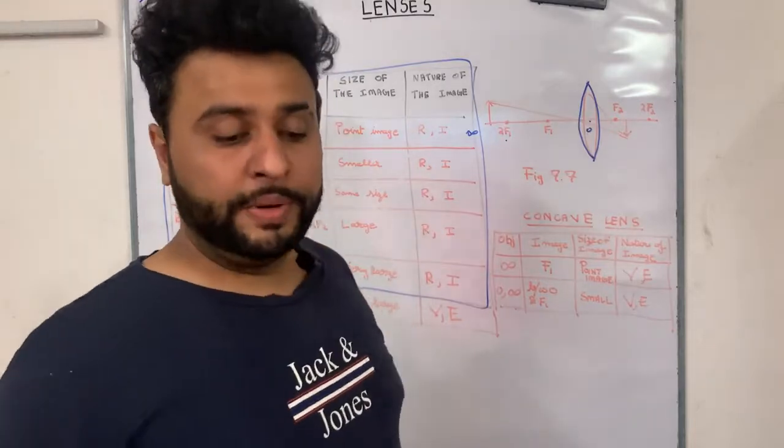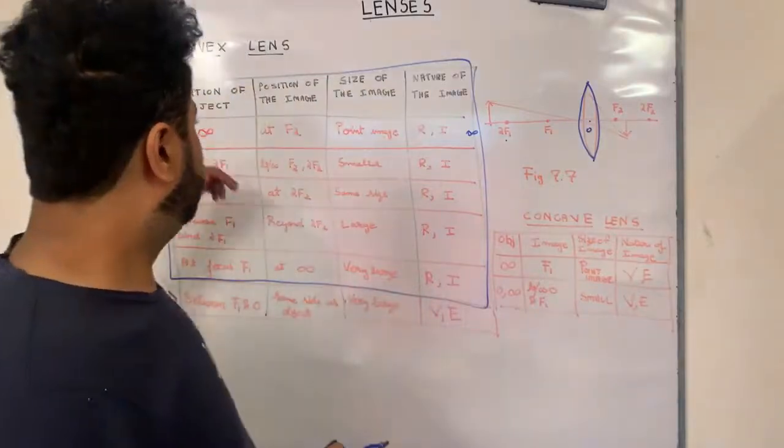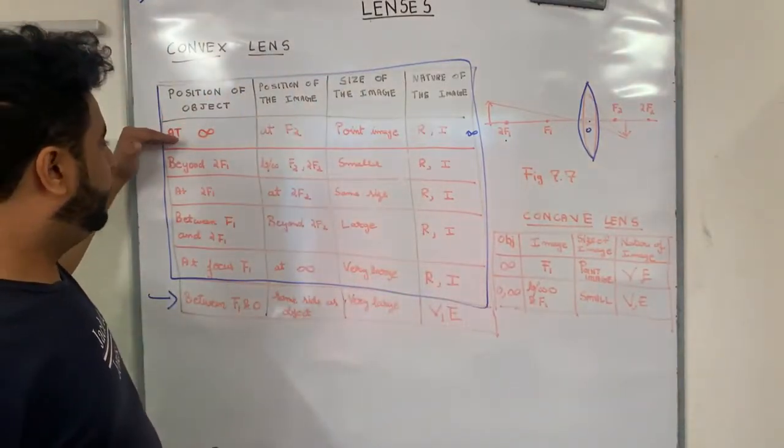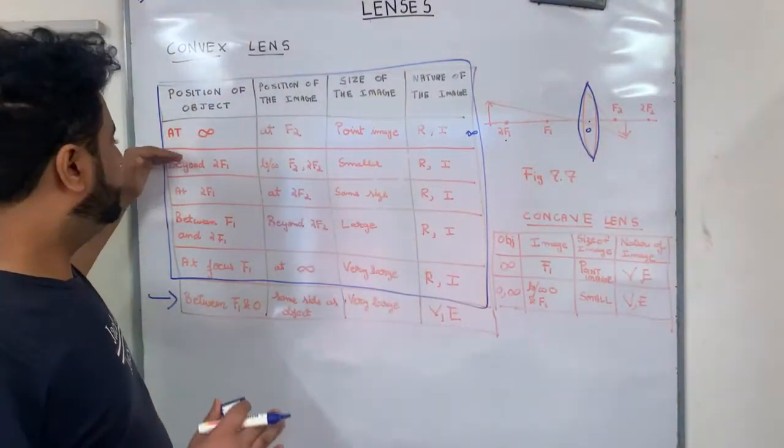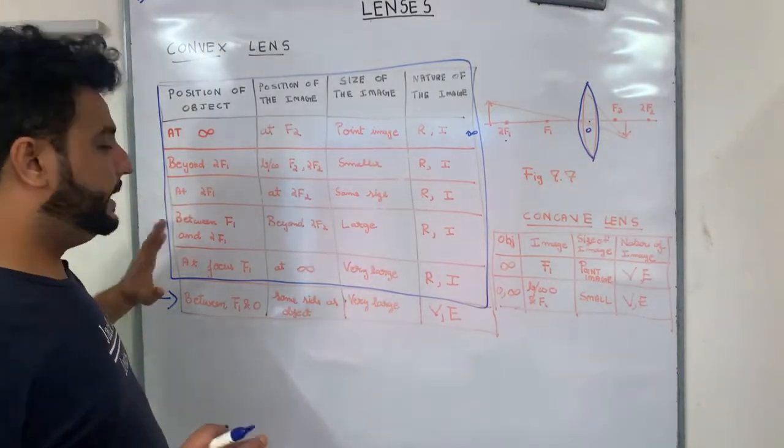Now between f1 and optical center, that case we will do as an exception case. But otherwise it goes in order: at infinity, beyond 2f1, at 2f1, between f1 and 2f1 and at f1.